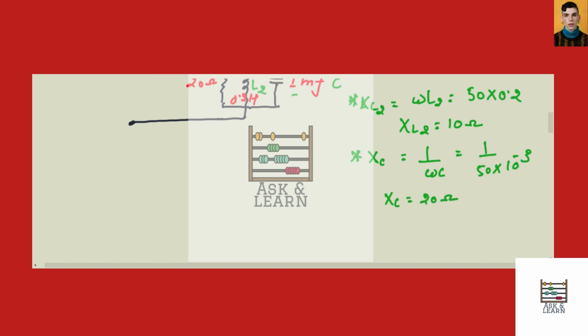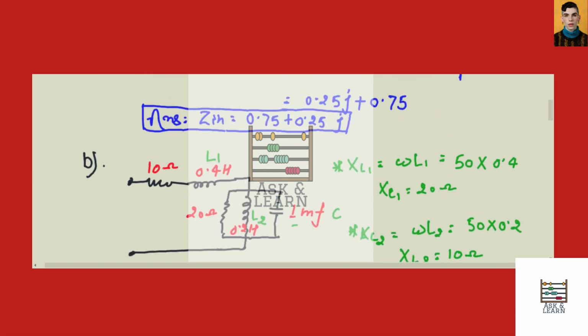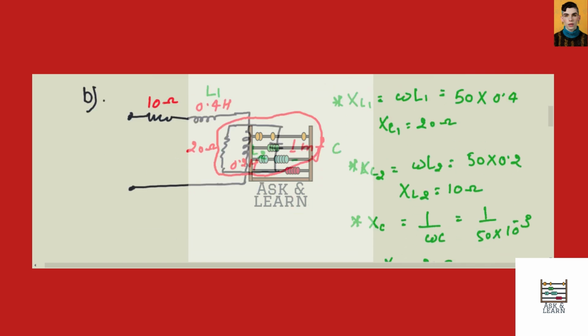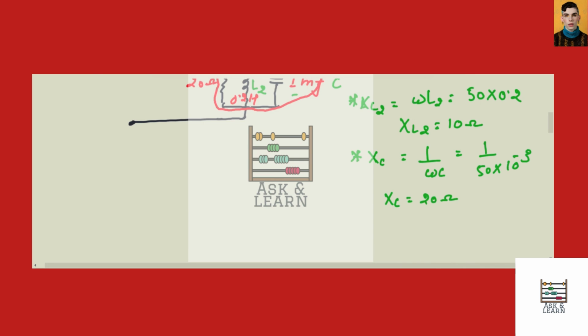Now, if you look at the circuit carefully, you can see these three elements are in parallel, right? So if I draw them separately outside the circuit, this is our XL2, which is 10 ohm, and in rectangular form we can write it as 10j, right?